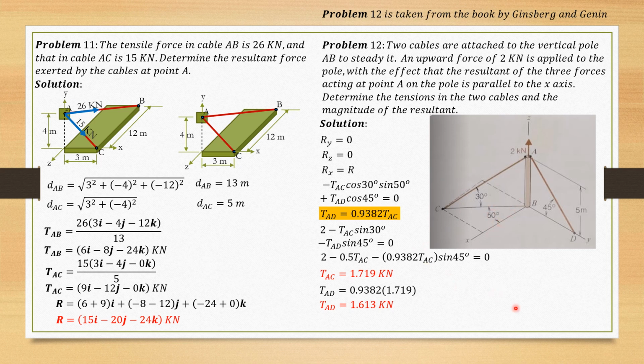So it is tension AC 1.719 cosine of 30. So this is this tension here. Then multiply further by cosine 50. So Rx, or R, is 1.719 cosine of 30 times cosine of 50 degrees. So R, or Rx, is equal to 0.9569 kilonewtons.